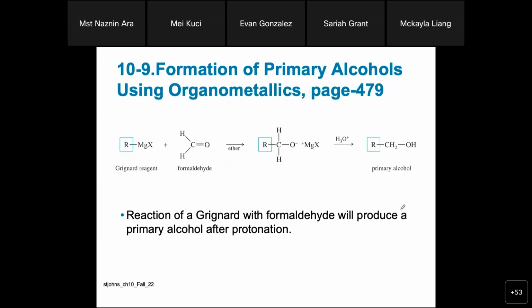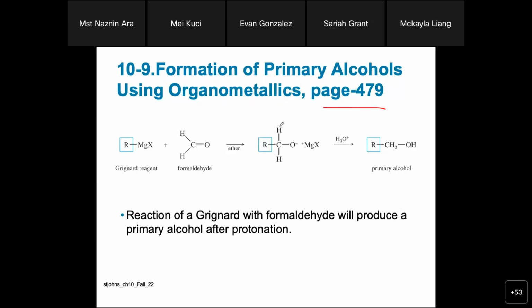Formation of primary alcohols using organometallics, page number 479. Please visit it. Everywhere I mention a page number, it means I want you to check it for examples or details. So here we have another one.